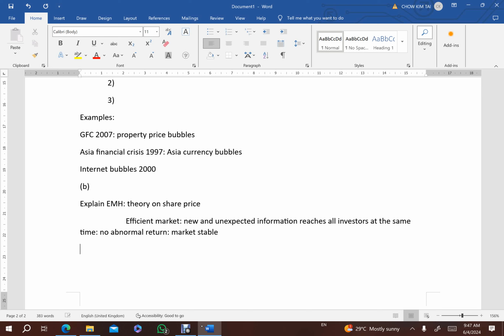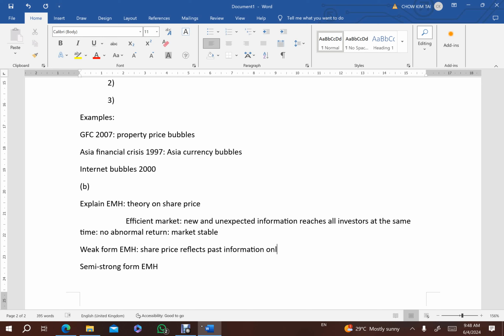Okay, now then we have three forms of EMH. Yeah, and the question mentioned weak form, and the question mentioned semi-strong form. You got to talk about these two first. Yeah, so weak form, the share price reflects past information only.